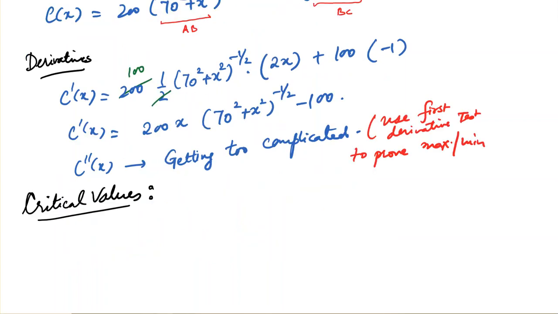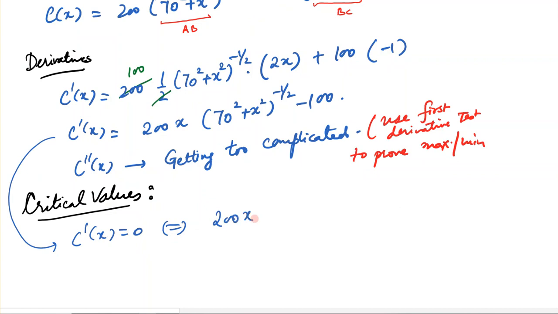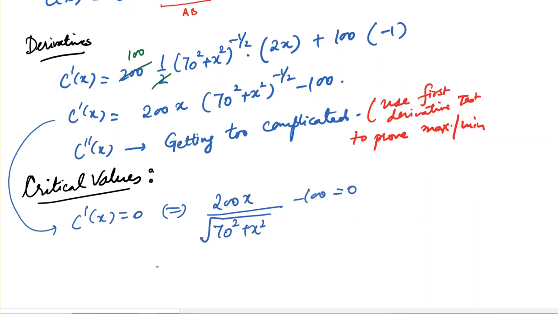In order to find the critical value, we set the first derivative equal to 0. So this implies 200x over the square root of 70 squared plus x squared, minus 100, equals 0. So 200x over the square root of 70 squared plus x squared equals 100.